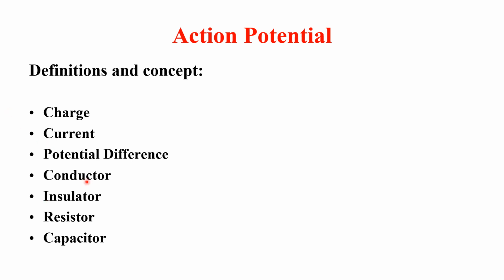Like an ideal conductor, ideal insulator is also non-existent, because there are always free charges. So the insulator, they have more resistance than conductor and semiconductors, but there is no ideal insulator.